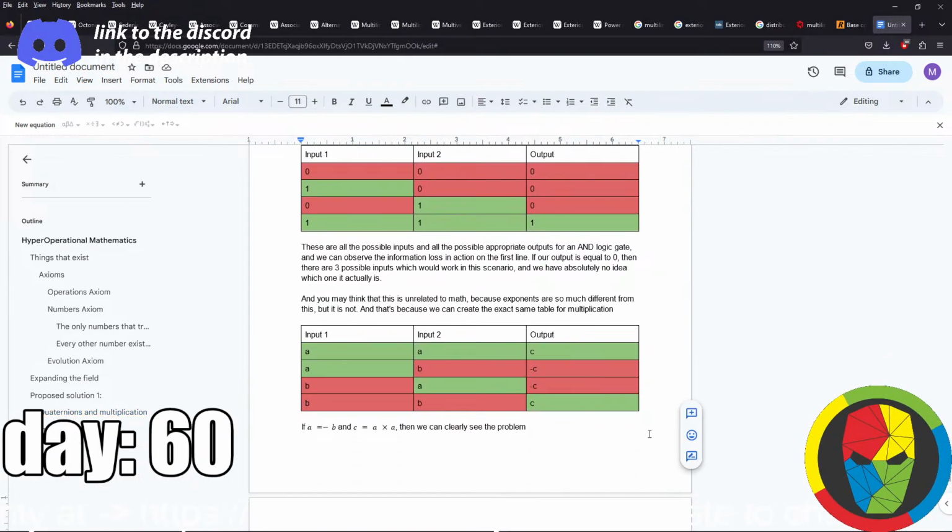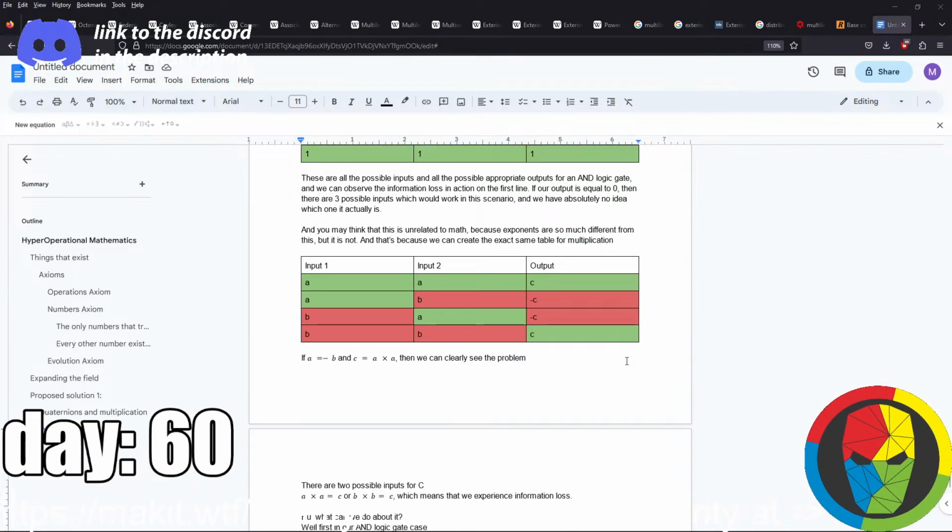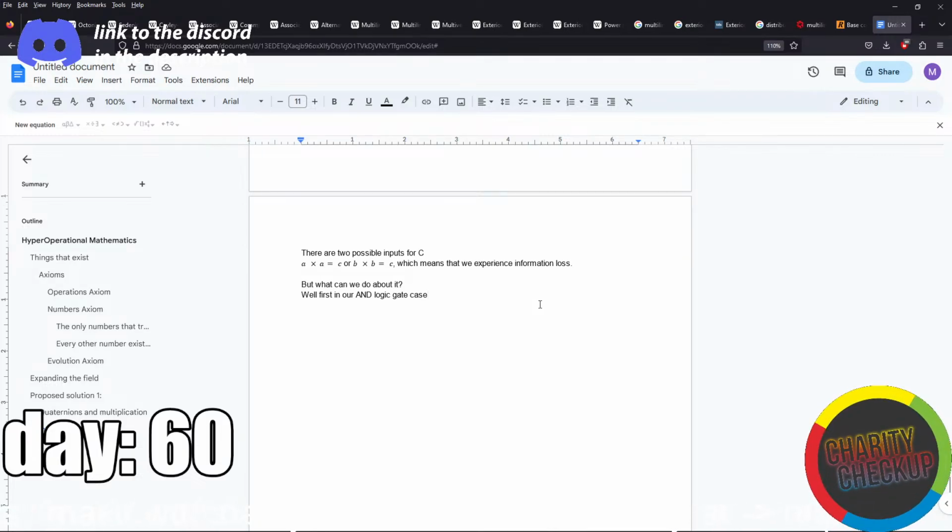Now, now what? Well, now, I lost my phone. Oh yeah. The AND logic gate case. I also know how to do it with two outputs, but it would be objectively worse. Oh, it's not as easy as I thought, honestly.